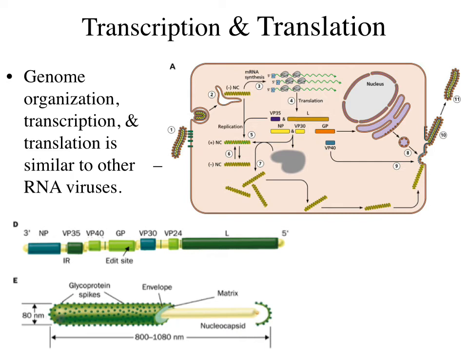The concentrations of viral proteins, especially NP, regulate the switch from mRNA synthesis to genome replication, which begins with synthesis of full-length positive strand copies of the viral RNA. These are encapsulated by NP and in turn serve as templates for the synthesis of full-length minus strand RNAs. Again, very similar to what we've already talked about.